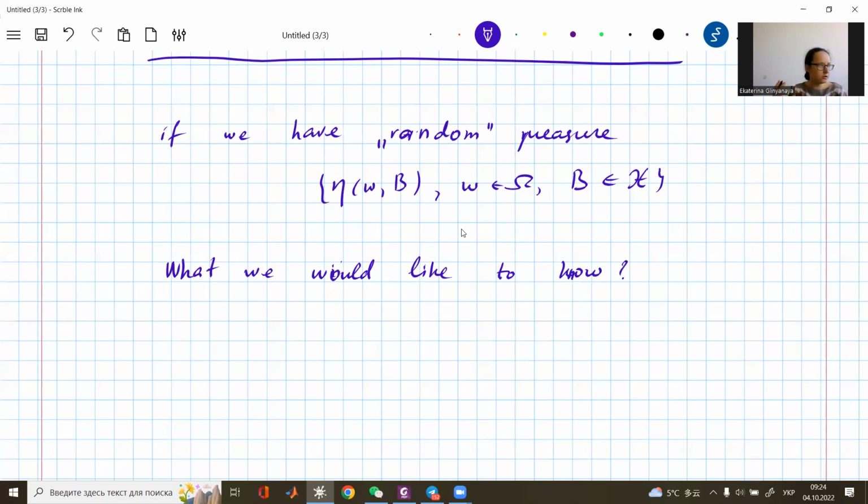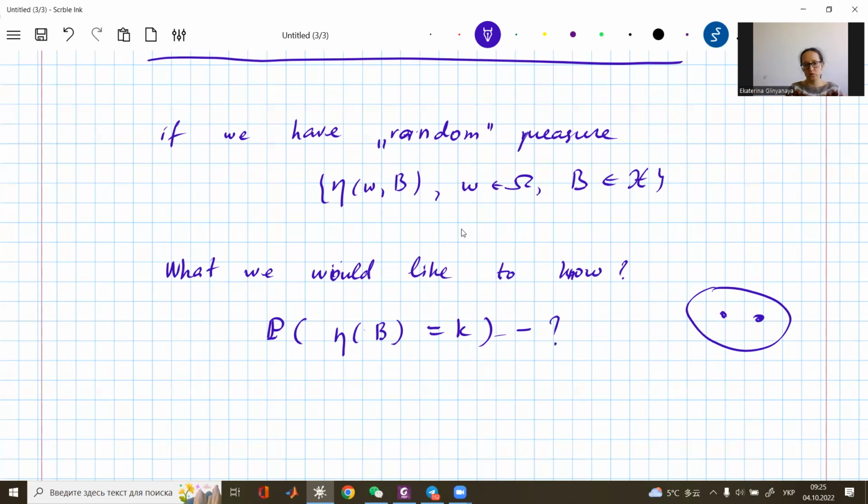Of course, the first general and simple question we will have is: what is the probability to have some number of points in some specific subset? This is the general and most common question about how many points we have here. What is the probability to have 2 points or 0 points?